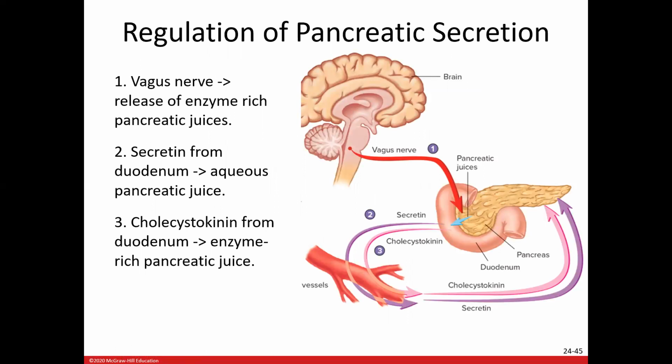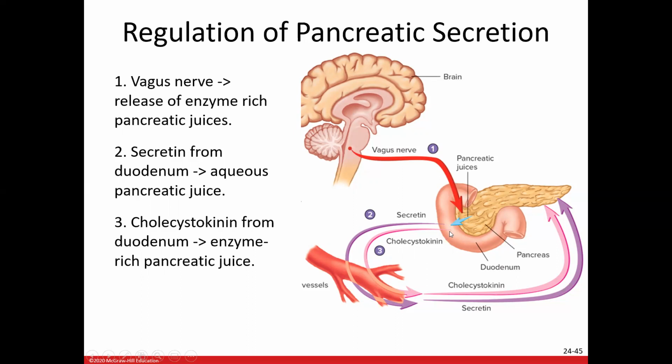So lastly, for the pancreas, much like everything is regulated in a similar pathway between stimulation from the nervous system as well as hormonal control. So for the pancreas, that vagus nerve in the brain is going to send an action potential to the pancreas, which is going to stimulate the secretion of those enzyme-rich pancreatic juices from the exocrine portion of the pancreas.